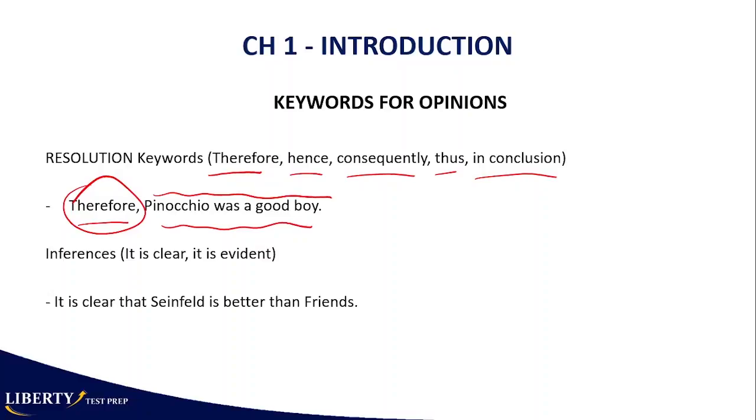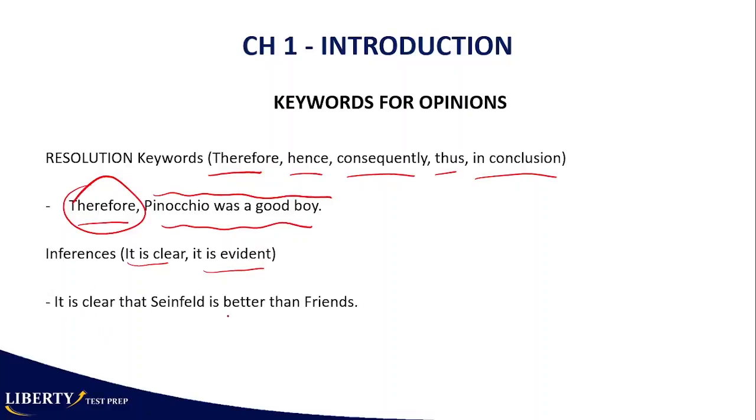A conclusion is the same. I mean, for us here in critical reasoning, it is going to be a word that is exchangeable for the word opinion. Both of them are going to be used interchangeably. Something that's an inference also, right? It is clear, it is evident. We saw this before in the example, right? It is clear for whom? It is clear for the person who's writing the argument, for the author, but it doesn't have to be true, you see?